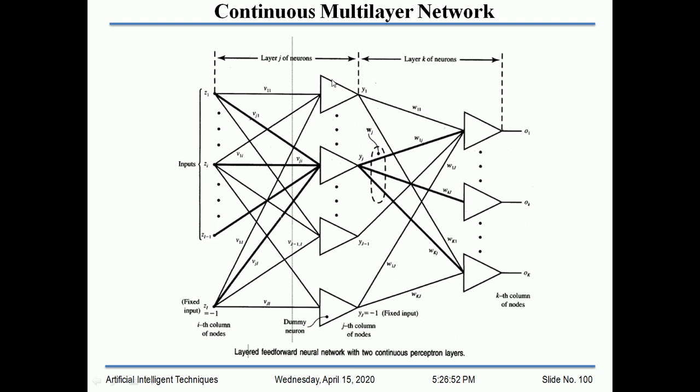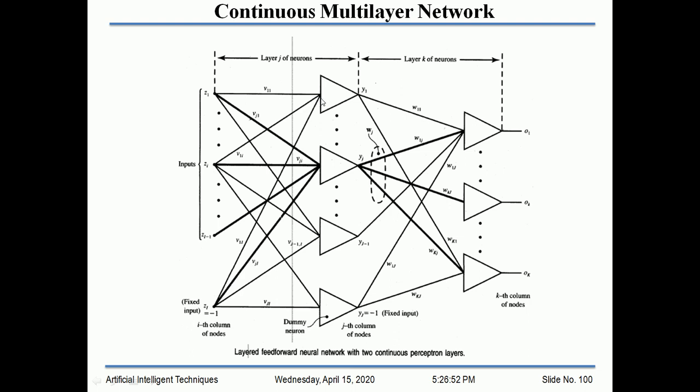So how do you calculate it? Basically y1 is nothing but z1 into v11 plus z2 into v12 plus z3 into v13 and so on up to zi into v1i and so on up to zj into v1j.